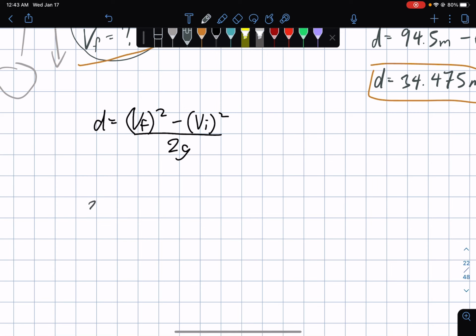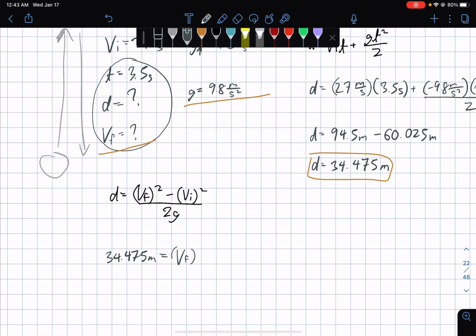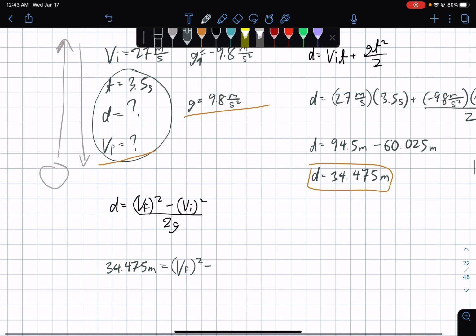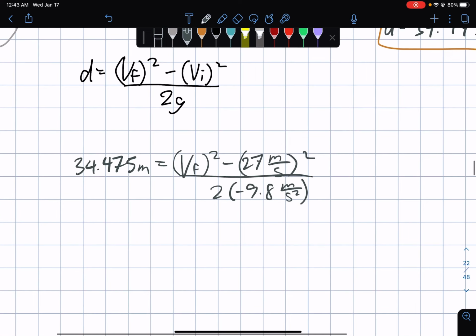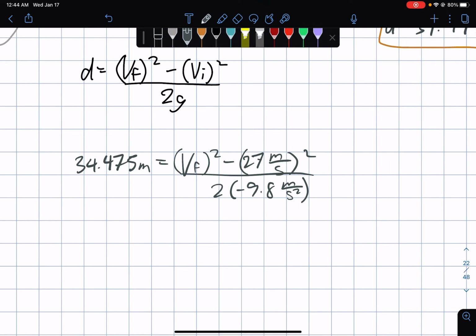G. Okay. Vf is missing. Vi. Okay, so 34.475 times 19.6 is equal to negative 675.71 meters squared over seconds squared.